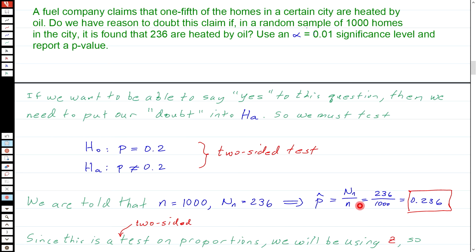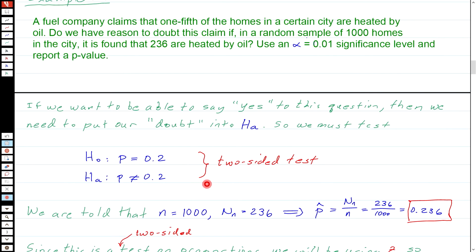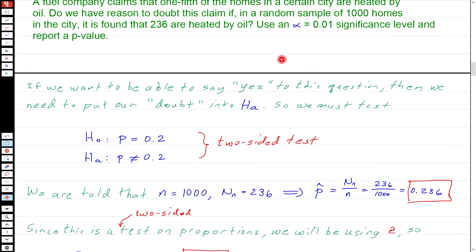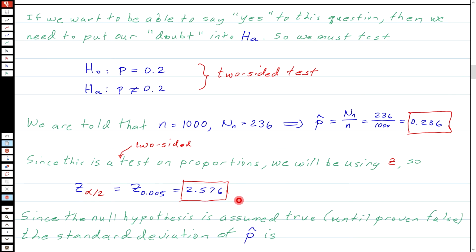So my p hat is 236 over 1,000, which is 0.236. Since this is a two-sided test, our critical value is z alpha by 2, which is z of 0.005, half of alpha, which from the bottom line of the t-distribution table is 2.576.